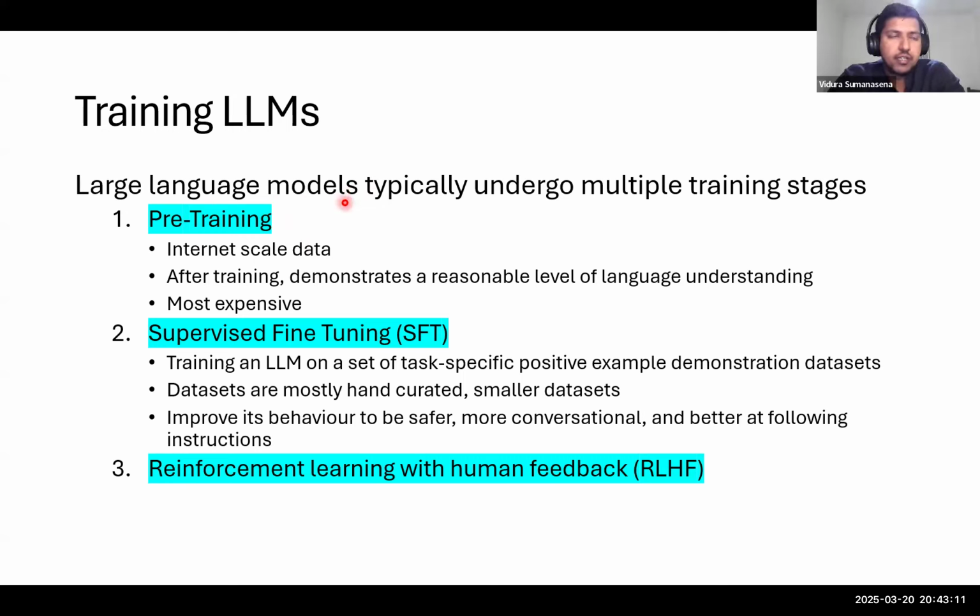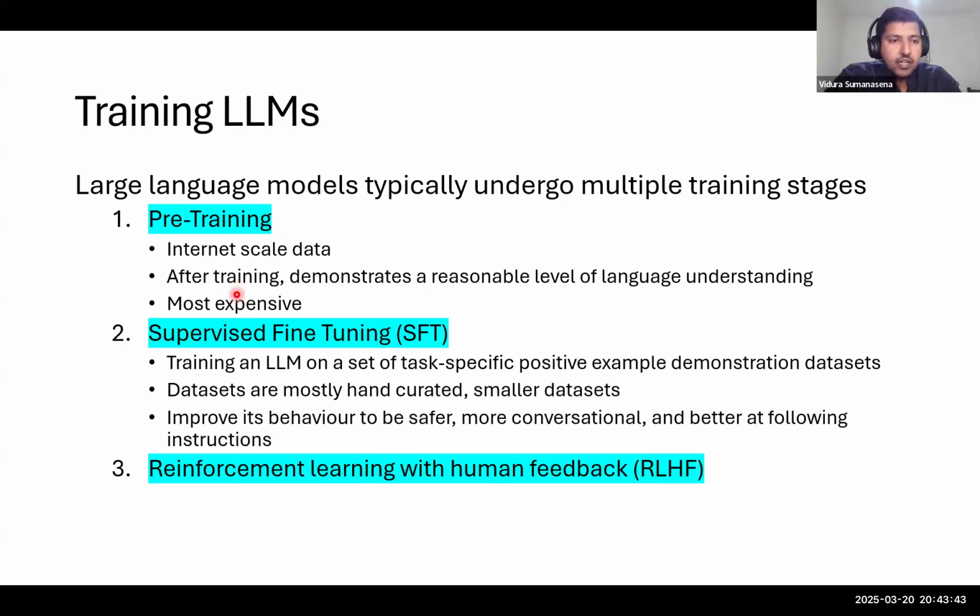I think pre-training a large language model is done maybe about twice a year in an organization, even in OpenAI, so you can think of the cost involved. Pre-training is the hardest part, which takes a large bunch of text data from the internet and feeds it into the large language model, and it will train and understand the language structure.